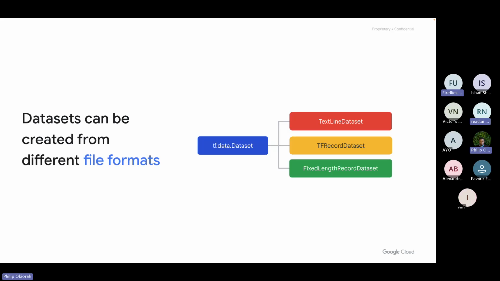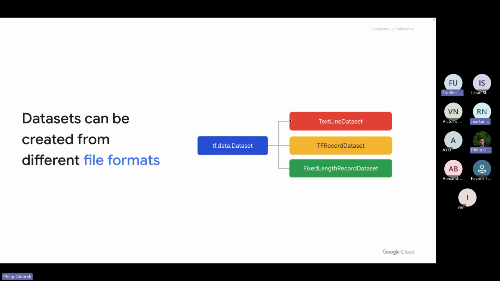Now in the first part, the text line data set creates a data set where each element is a single line from one or more text files.